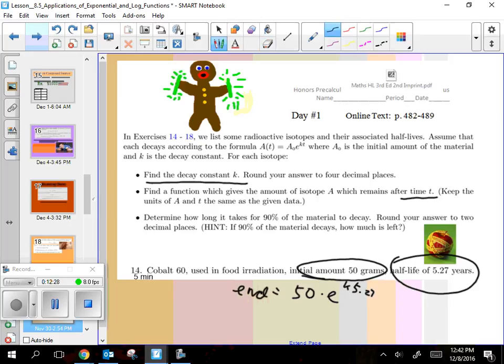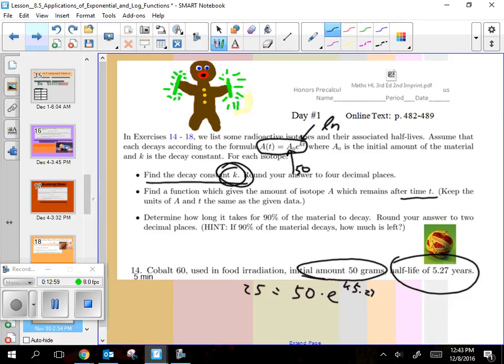And this one's got a trick because it is a half-life question. What can I put for the end? Half of 50. 25. There. Now I can solve for k. That's this part. Once you've got your k done, then you can write the equation, which will be the same equation, except you know this, which is your starting amount, 50, and you know k, which is going to probably be log base e, blah, blah, blah.